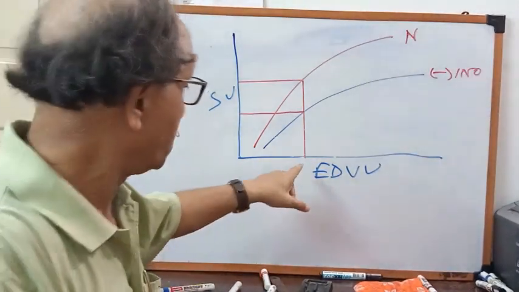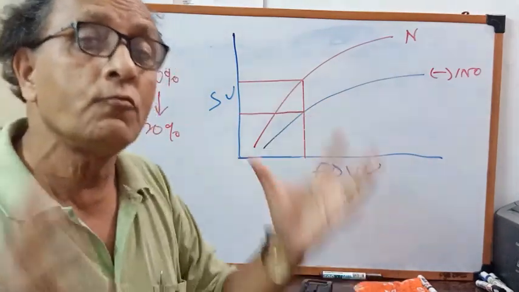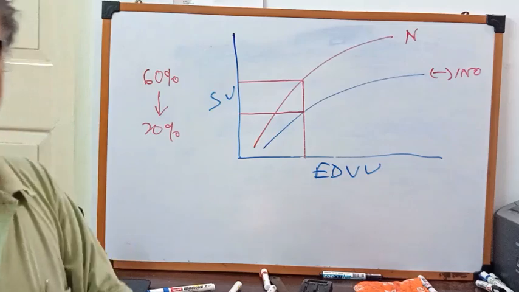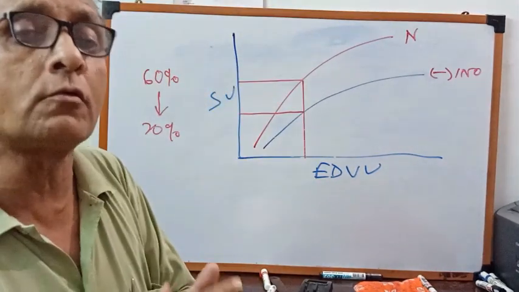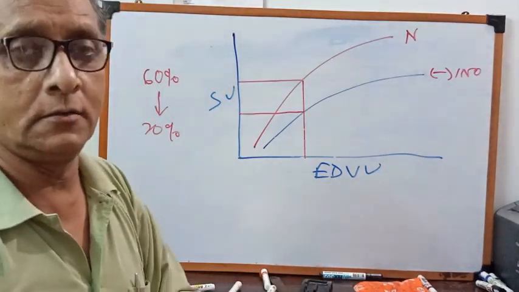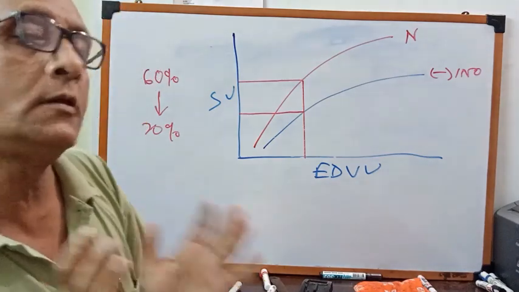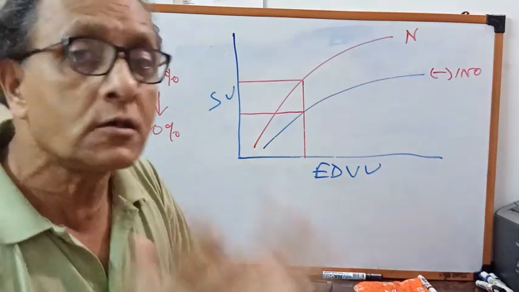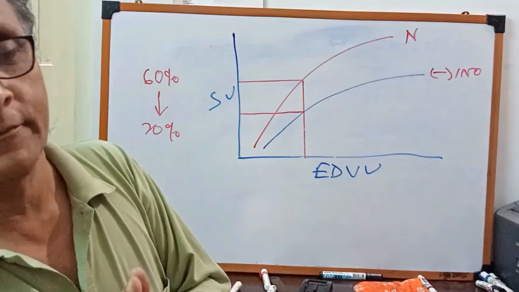It signifies that with a given EDVV, with a given preload, the pumping ability of the ventricle is reduced, or in other words, the systolic function of the ventricle is reduced.